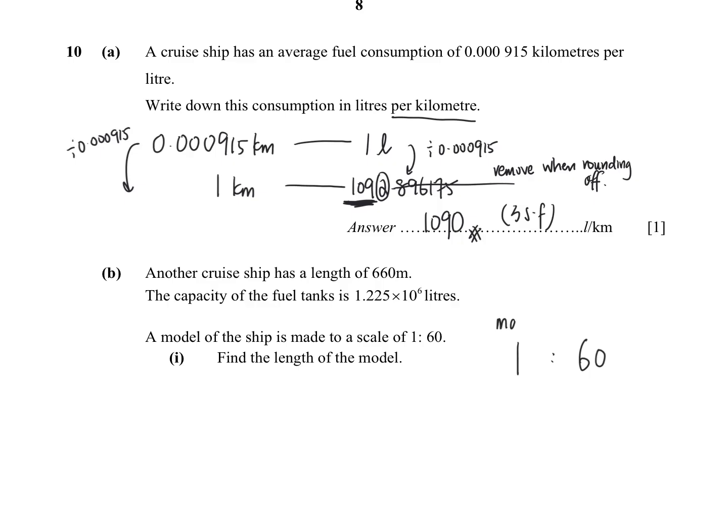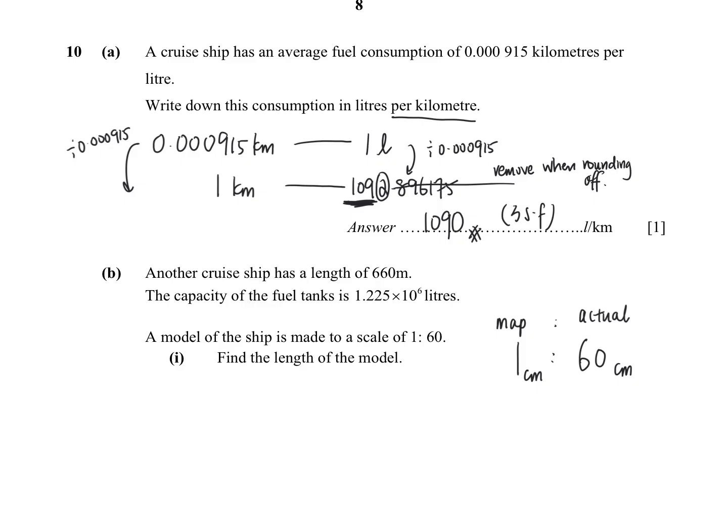The first number is always on the map. The big number is always the actual. If they don't put a unit there, it is always default cm. So 1 cm on the map is 60 cm on the actual ground.